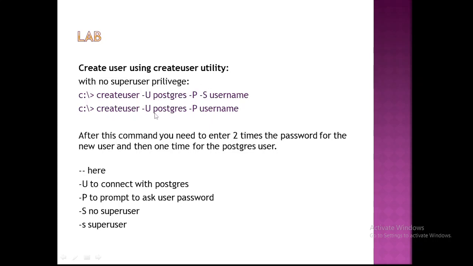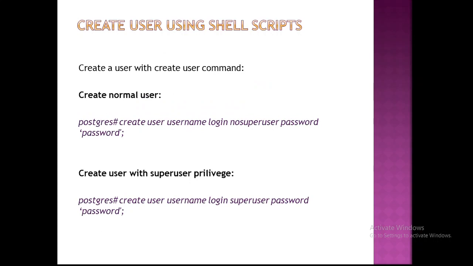Here -U is to connect as the postgres user. -P is for asking a password for the newly created user. And -S is for no superuser; we are creating a no-superuser user. And if we mention -s, then the user will be created with the superuser role.